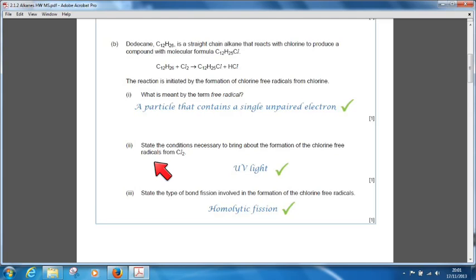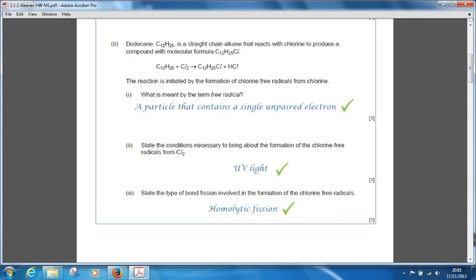The next question asks us for the conditions necessary to bring about the formation of chlorine free radicals from Cl2. The simplest answer here would be UV light, although extreme temperatures could also be used. And in the final part of this question, we're asked to state the type of bond fission involved in the formation of chlorine free radicals.